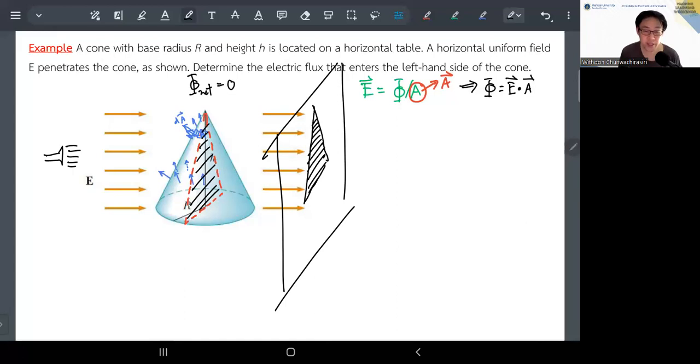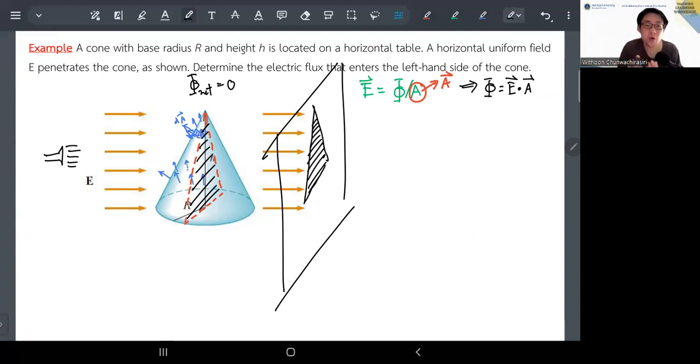So imagine this. No matter what, the left-hand side surface of the cone is going to curve, going to go crazy, whatever. But eventually you're going to do the dot product. When you do the dot product, it means you only want the electric field vector to be pointing in the same direction as the A vector. So you don't care about the slanted surface, some angle surface.